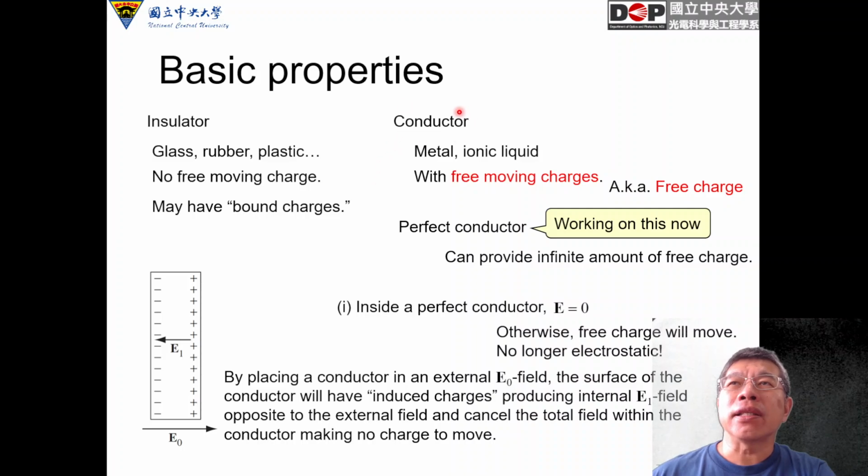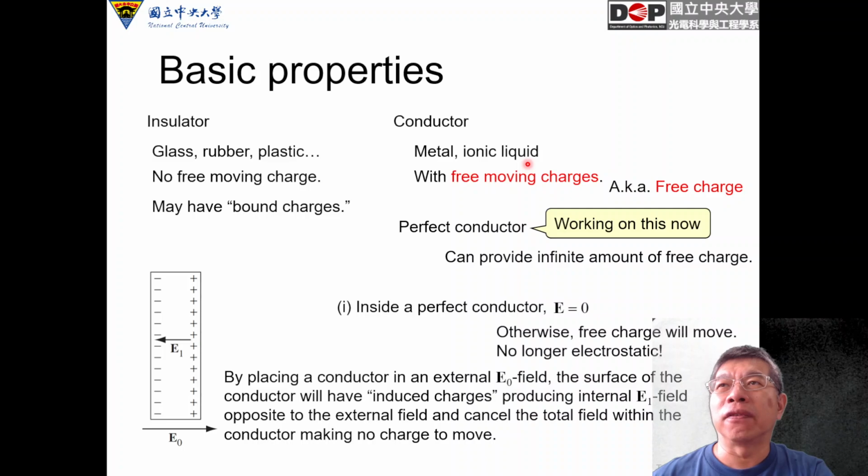On the other hand, there's another kind of material called conductors, like metal and ionic liquid. These can conduct electricity. In other words, there are some free moving charges. For metals, the electrons are free moving in the conductor, and in ionic liquid, the ions can move inside the liquid.